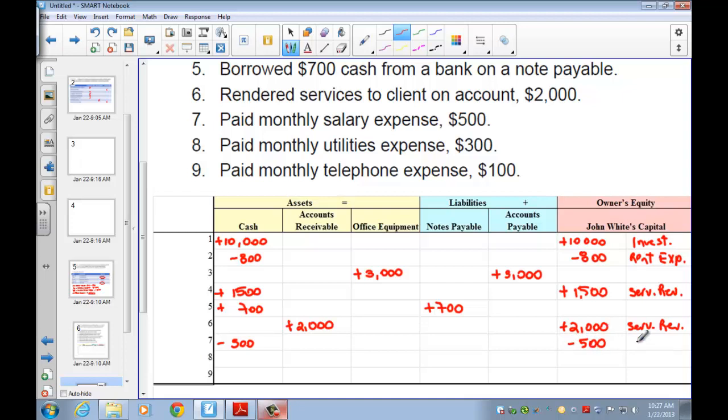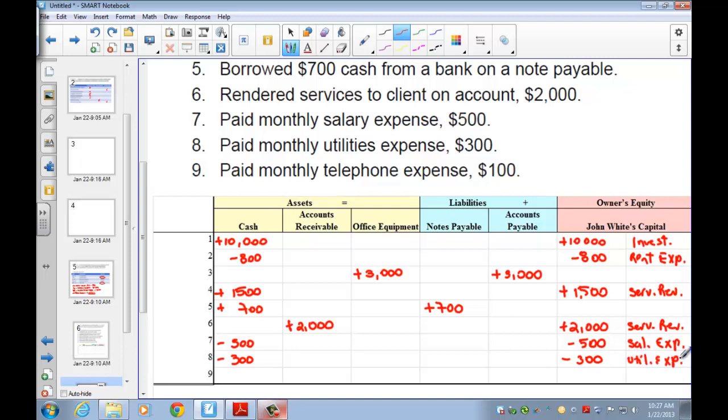And this would be a salary expense. Number 8, he paid monthly utilities expense $300, so that will decrease cash by $300, and it will decrease his capital by $300. This would be a utility expense.